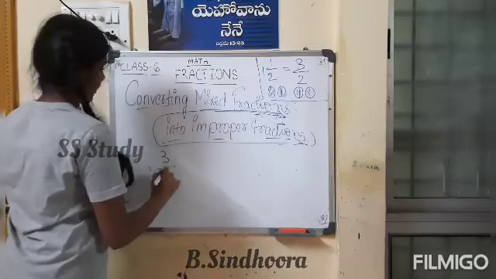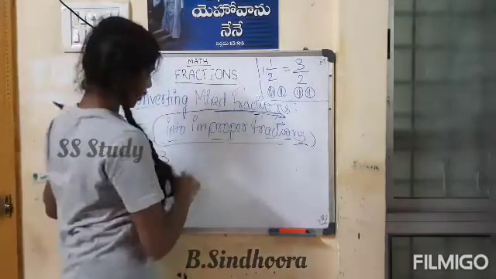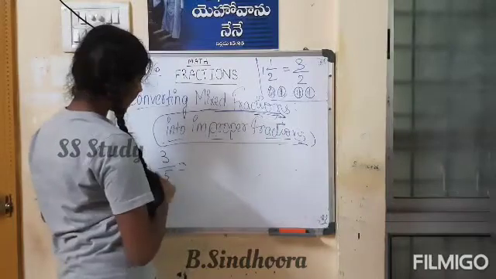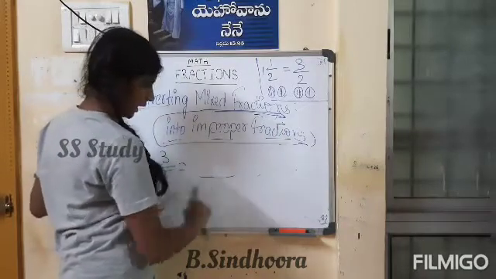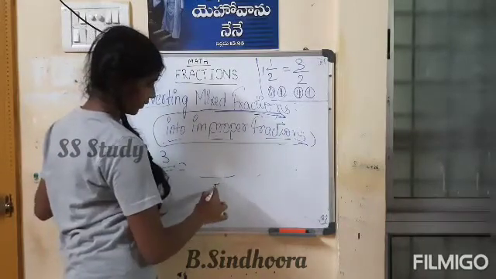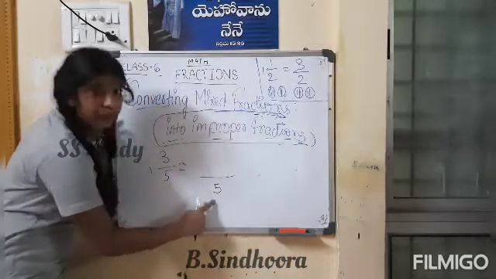1 3 by 5. Convert into improper fraction. How to convert them? It's easy. Let's see. See denominator 5.